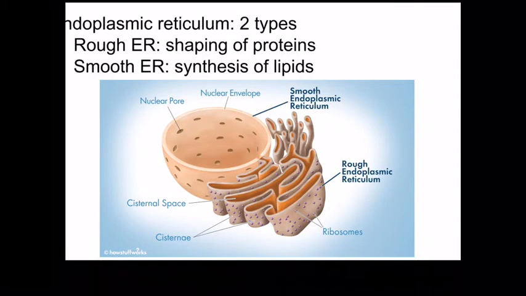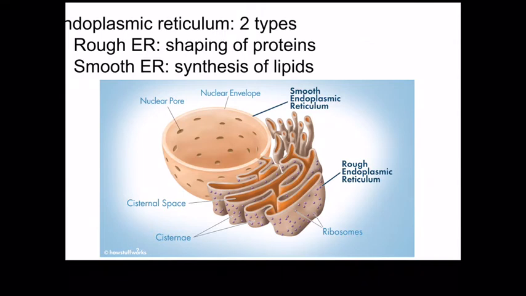The smooth ER deals with the synthesis of lipids. So whatever lipids this cell needs to produce, those are going to be produced inside the smooth ER. There are enzymes in there that facilitate lipid synthesis. So let's say this is a liver cell, and this liver cell needs to take some excess glucose and convert it to lipids for storage, that could happen inside the smooth ER.